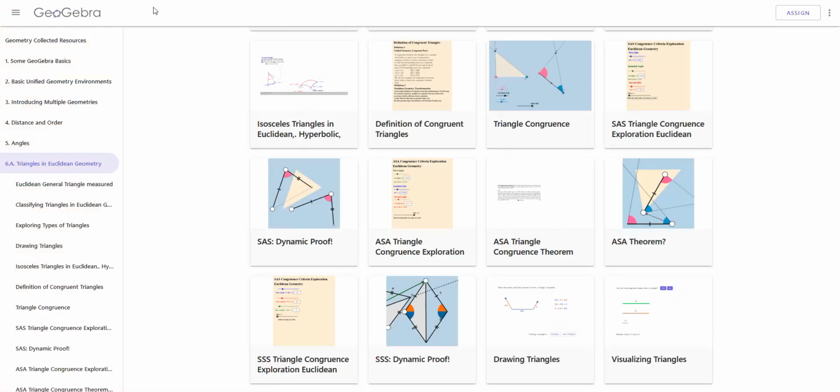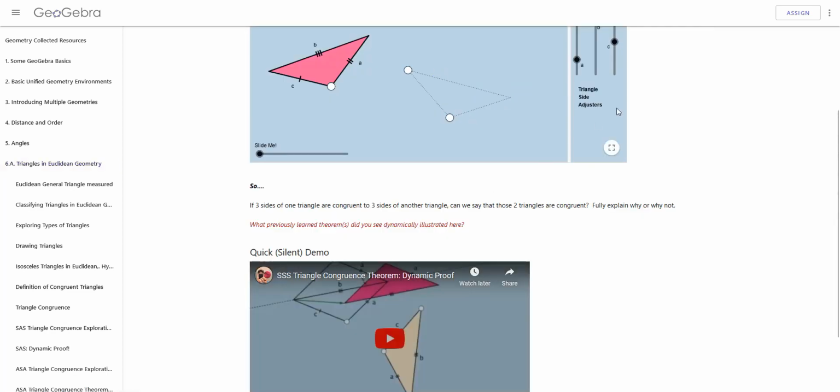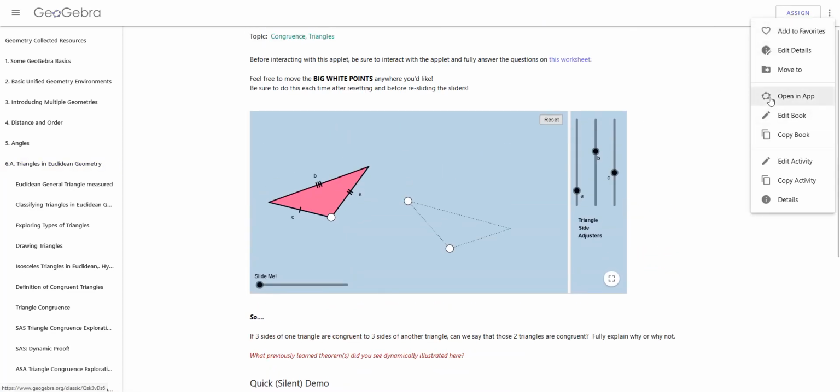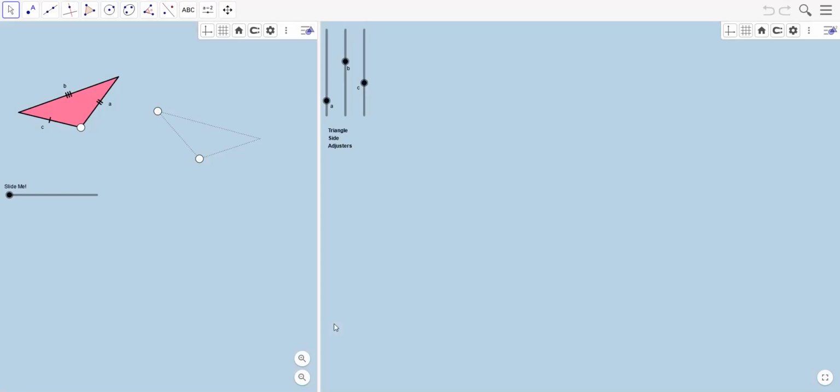Next, I want to look at another exploration of this. Let's look here. It's a nice little dynamic exploration. Let's open that in the app. And here we can adjust the lengths of the three sides.